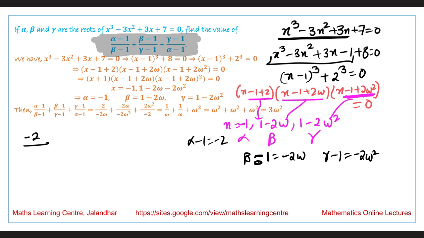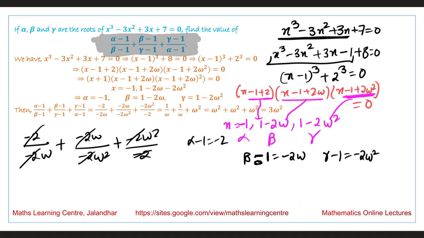So the answer we are getting is minus 2 by minus 2 omega, plus minus 2 omega by minus 2 omega square, plus minus 2 omega square by minus 2. So these values get cancelled. We are left with 1 by omega plus 1 by omega plus omega square.